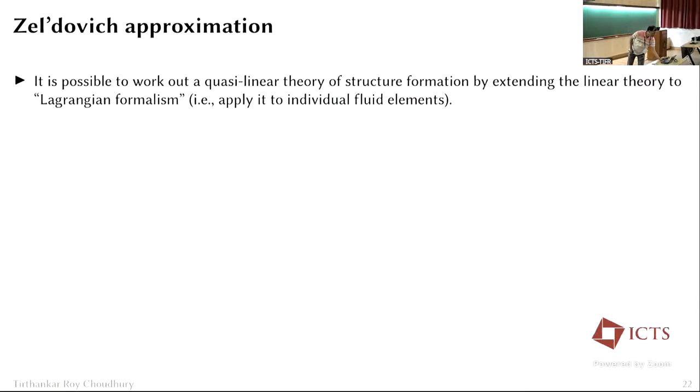That is often called the quasi-linear approximation. One such approximation was first derived by Zeldovich, so it's called the Zeldovich approximation. It is widely used when you are not required to do full nonlinear simulations, but you are okay with approximated versions.